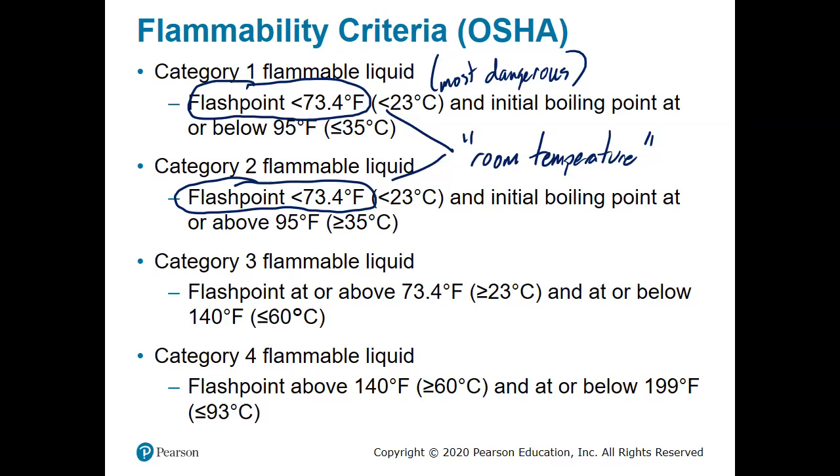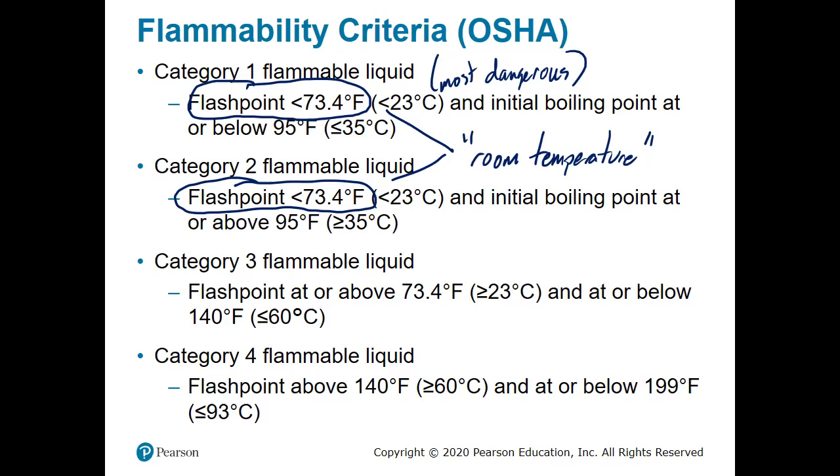So in order to be a category 1 or category 2 flammable liquid, you're talking about a substance with a flash point that is less than room temperature. That's the significance of that particular temperature. And again, why they chose 73.4 degrees, I couldn't possibly tell you.